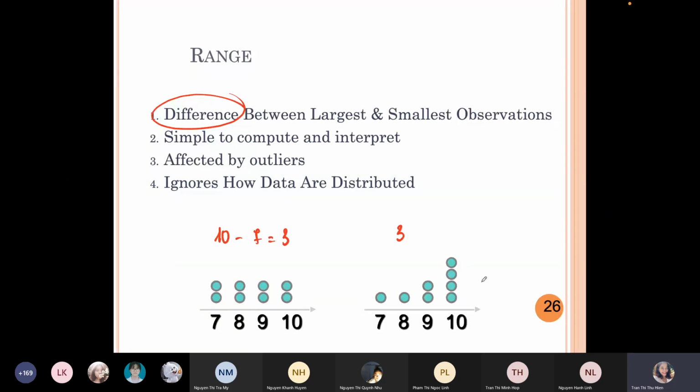For the second data set, a lot of people get 10 points, right? But for the first data set, it is 2 people for 8 points. So when you look at the range here, it is the same, right? But the distribution of the data set is different.